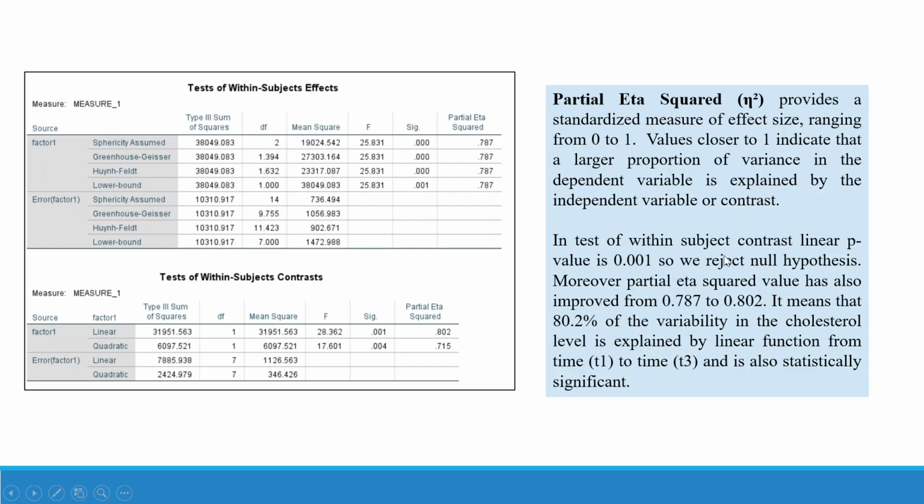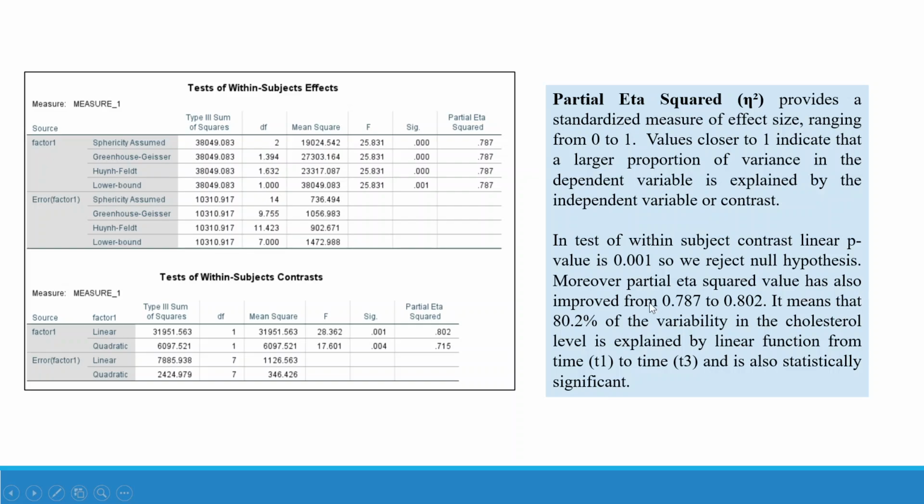In the test of within-subject contrasts, the linear p-value is 0.001, this one. So we reject the null hypothesis. Moreover, the partial eta square value has also improved from 0.787 to 0.802. From here to here, it has improved.